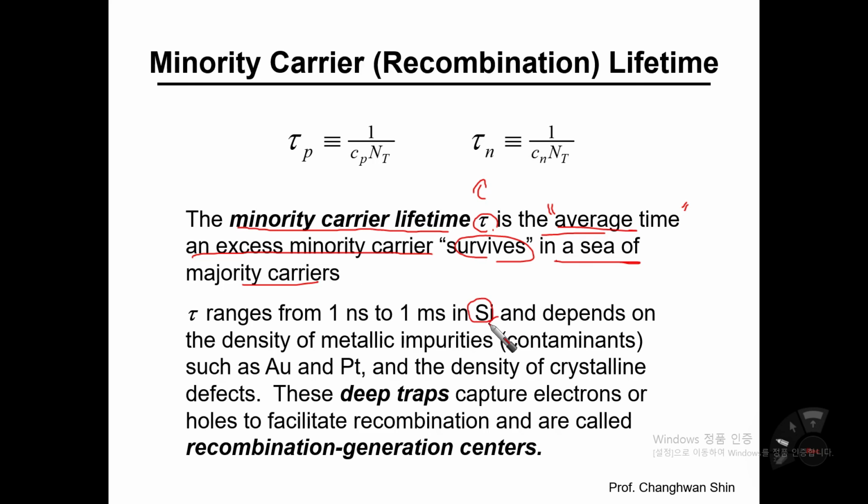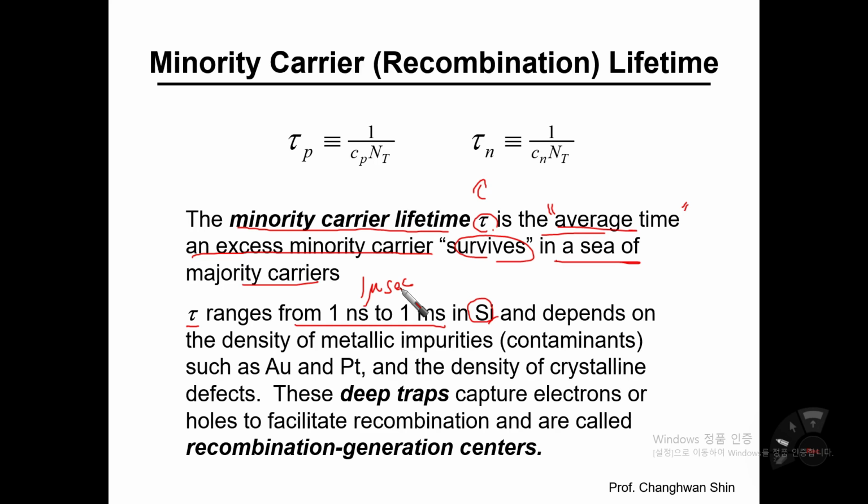In crystalline silicon material, the lifetime ranges from 1 nanosecond to 1 millisecond. The average time is 1 microsecond. So suppose that for a given silicon material, this is an n-type silicon material, so many electrons are available depending on the donor's concentration, right? And a single hole has been injected into this n-type silicon material.